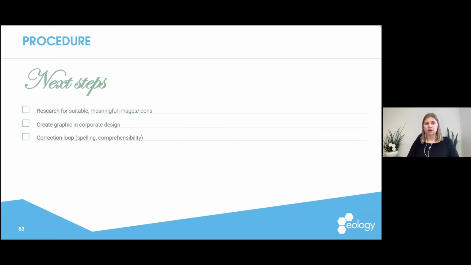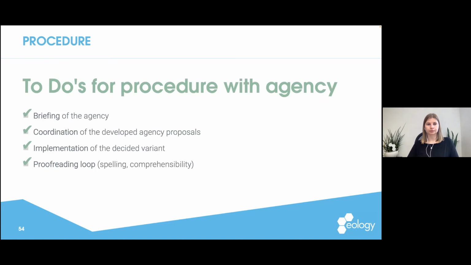Your next steps now are research for suitable and meaningful images or icons, or maybe creating graphics in your corporate design. And of course, you always need a correction loop where you check spelling, comprehensibility, and quality. So just keep that in mind to always get one or two correction loops in there.